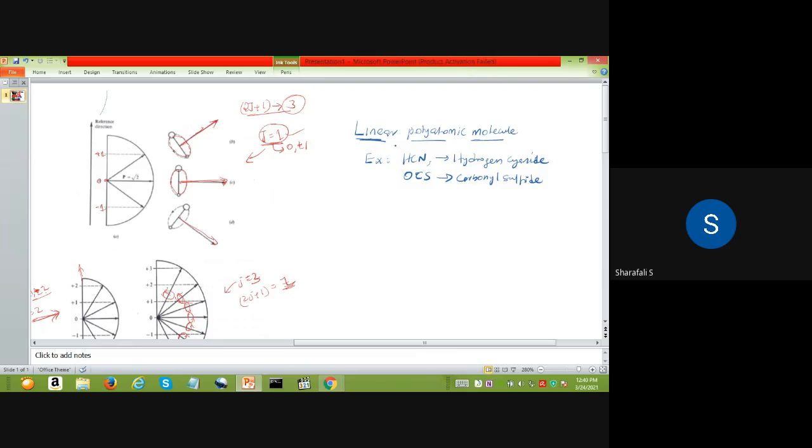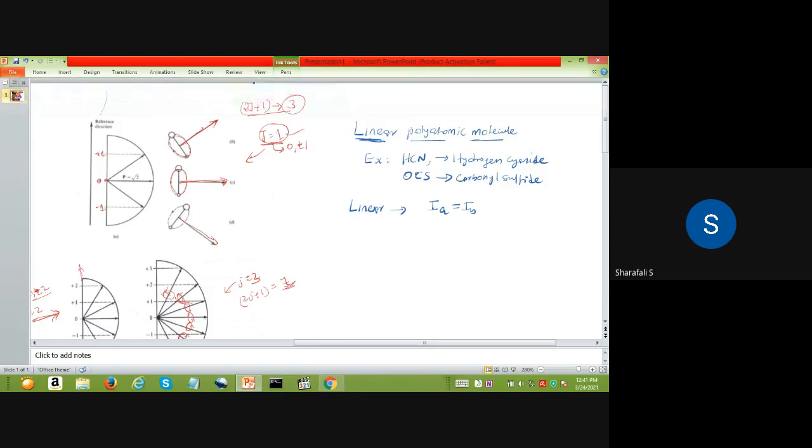So what happens if it is a linear polyatomic molecule, for example, triatomic or more than that? In that particular case, the moment of inertia conditions will be the same. As we discussed for the linear case, IA will be equal to IB, or we'll treat IA as small.